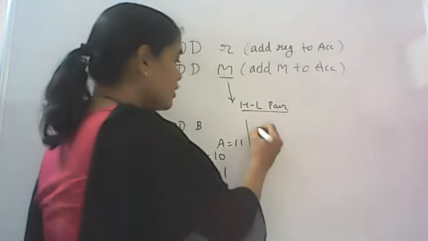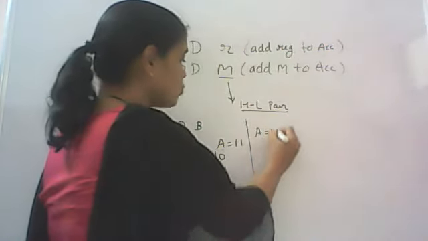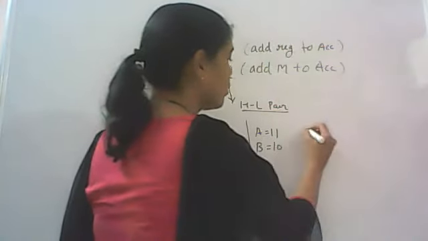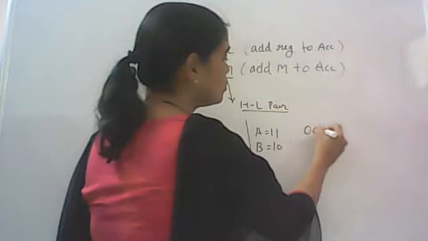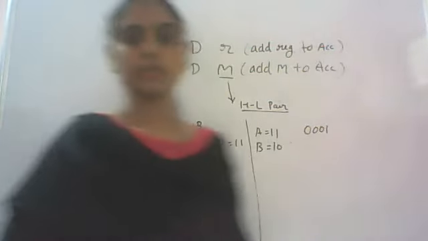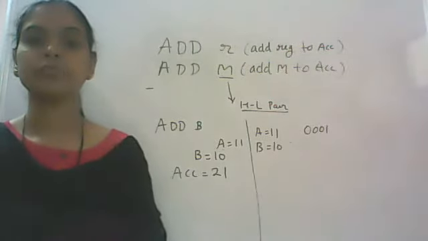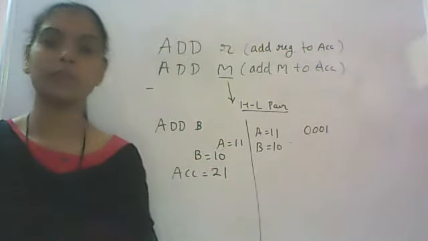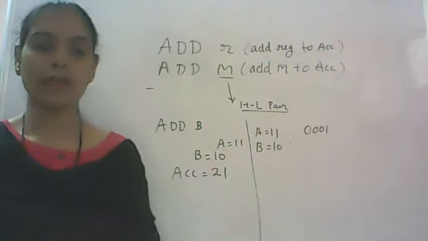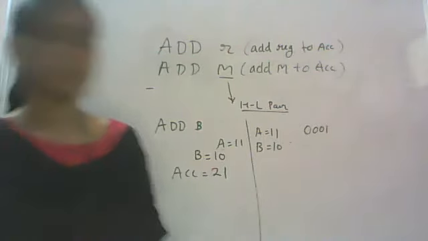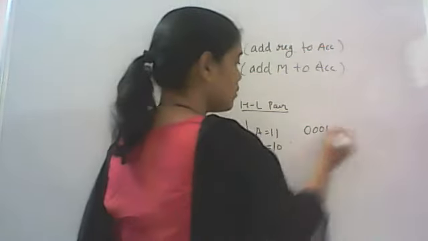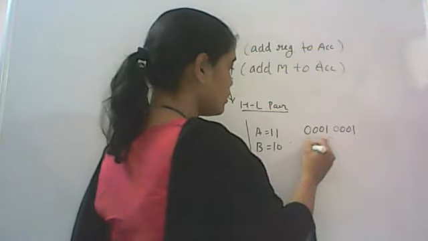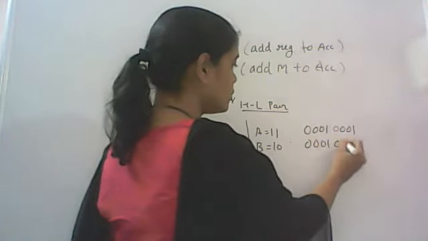Here A equals 11 and B equals 10. In binary, 0001 0001 and 0001 0000. As you already see, in addition any 8-bit number, or the content of a register or memory location, can be added to the content of the accumulator.